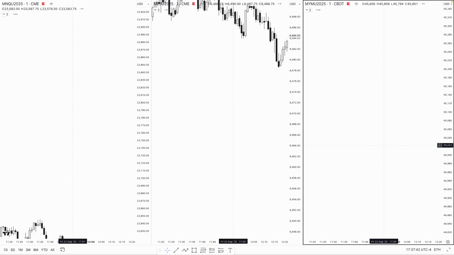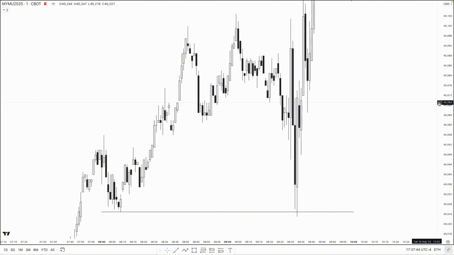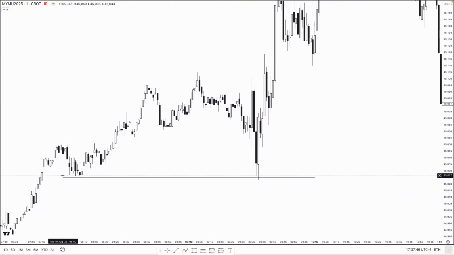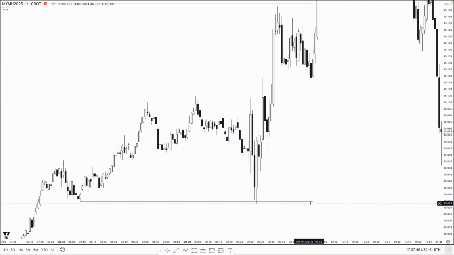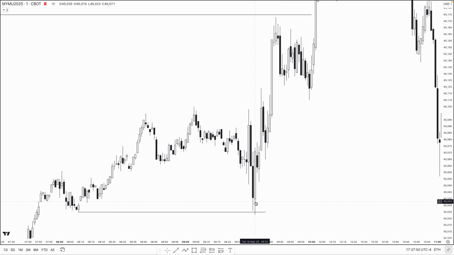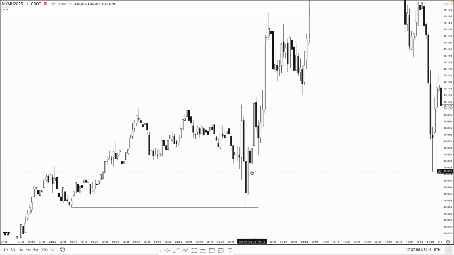And we know that YM is the most desirable asset to trade. Okay, so we'll be looking for a 1 minute change in the state of delivery on YM. Okay, so we have this expansion away from the 1 hour fair value gap, and we're looking for a close above a down close candle.